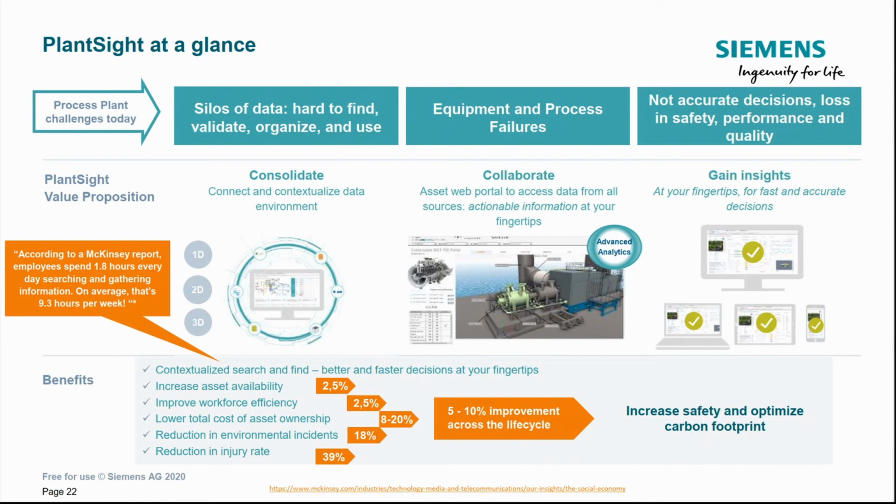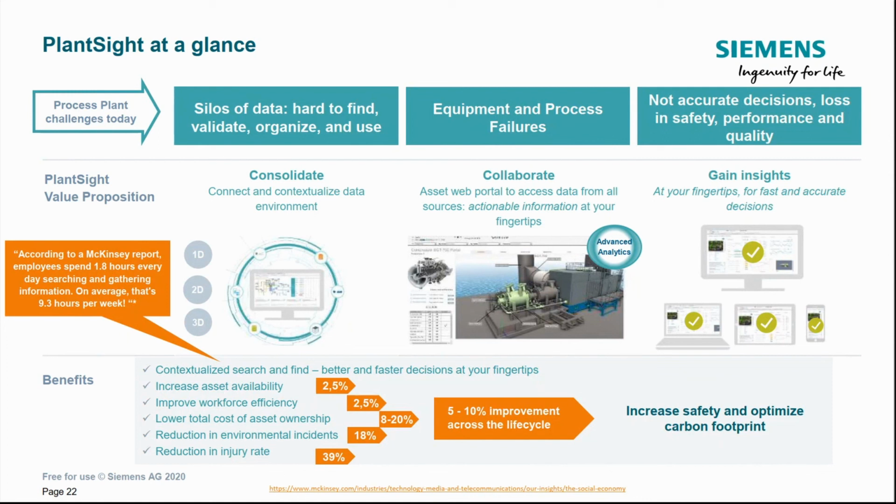And based on that, we create benefits. So what you see here on the slide is proven benefit from existing customer installations that showed that the PlantSight approach is able to increase the asset availability, to improve the workforce efficiency, to reduce the total cost of ownership of the assets, reduce environmental incidents, and reduce the injury rate of the staff.